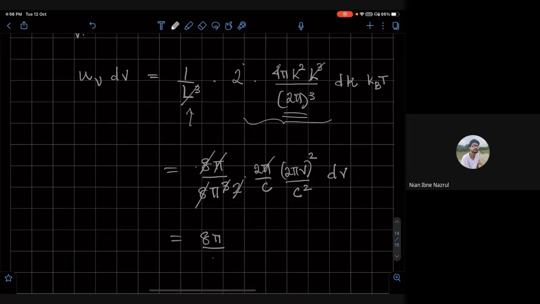And here we have c cubed, and then nu squared. I forgot my kBT here. And then I have kBT times d nu. Okay, so this is the energy density.